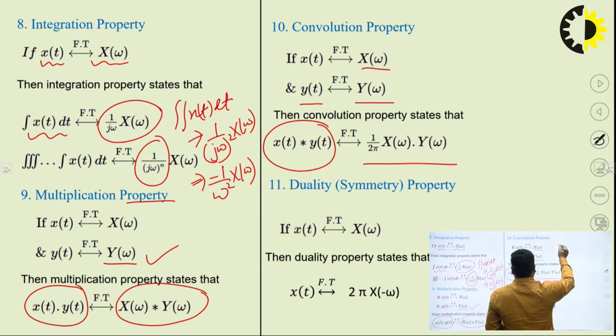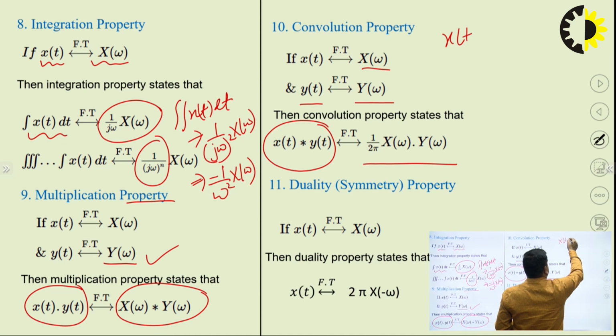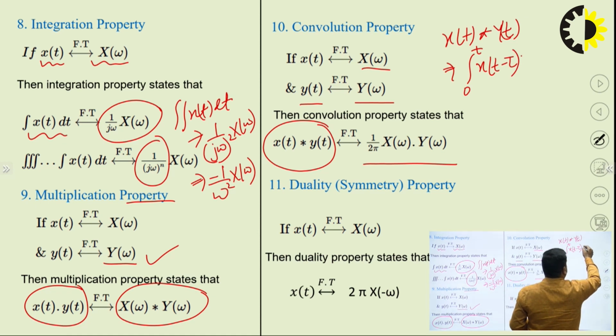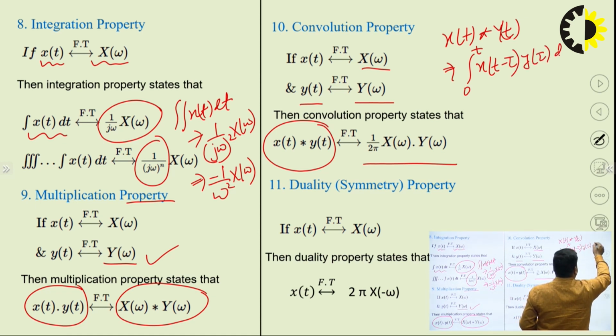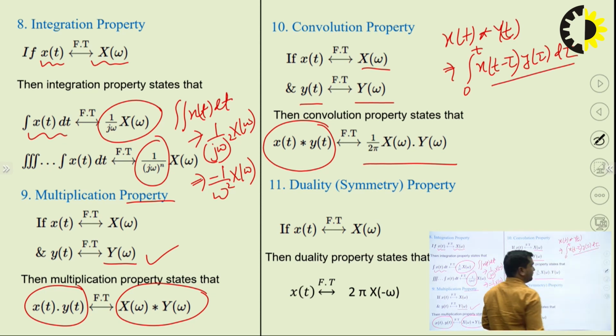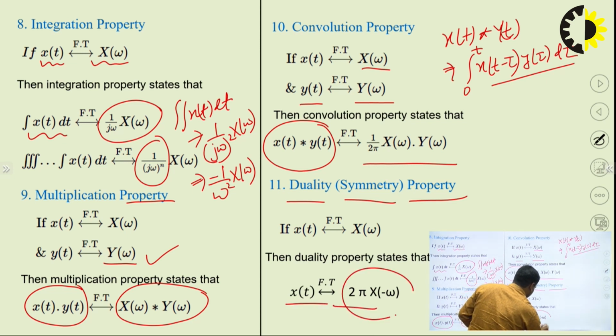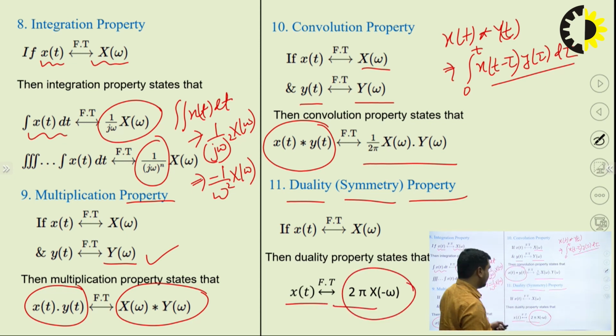Let's have some discussion of the convolution x(t) convolution y(t). So it is the integral from 0 to t of x(t minus tau) y(tau) d tau. That is the convolution property. Here it is the duality, that is the symmetry property. If x(t) has X(omega), then the duality property states that the Fourier transform of X(t) is 2 pi x(minus omega).